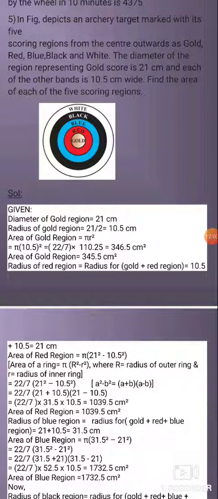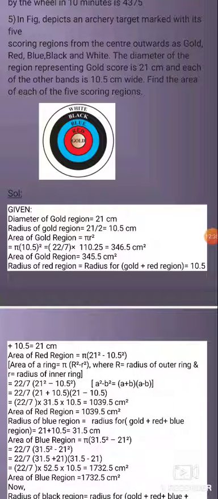So pi into area of gold plus red plus blue minus area of gold plus red, that is pi into 31.5 the whole square minus 21 square. Now you can apply a square minus b square is equal to a plus b into a minus b.